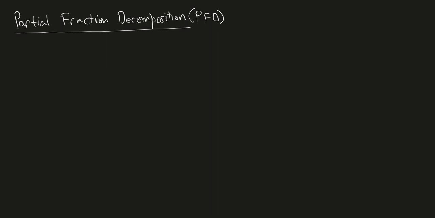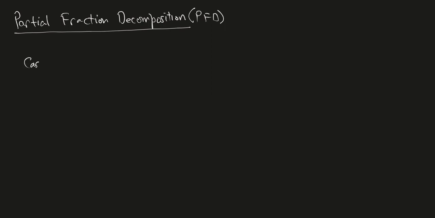We're now going to take a look at our second case in our partial fraction decomposition. If you recall, in case 1, we looked at what to do when our denominator has only simple linear factors, right?